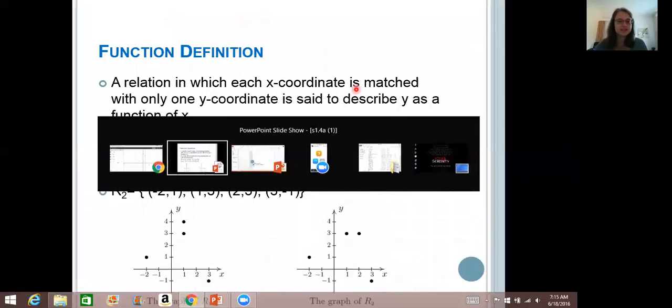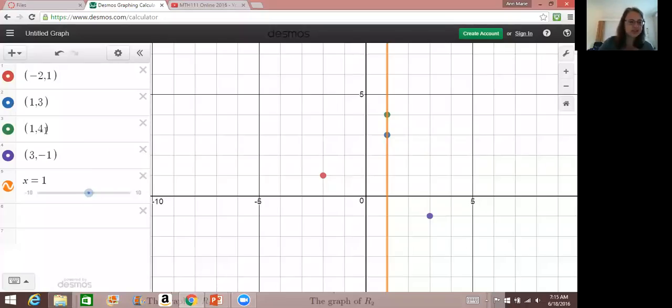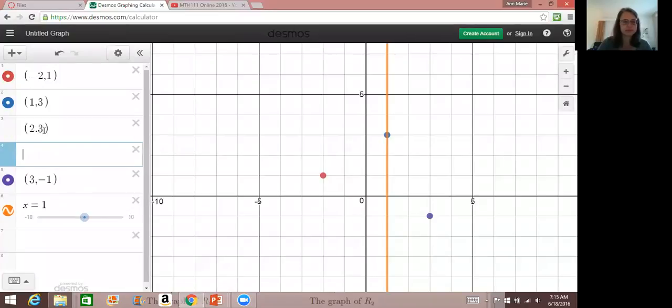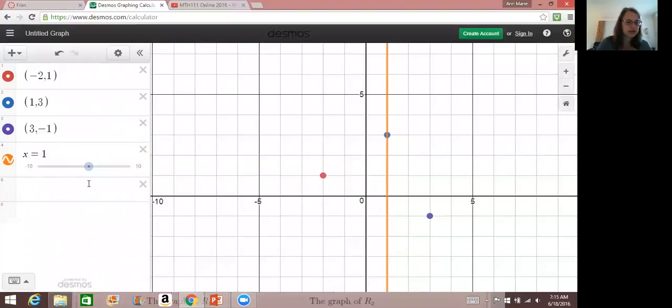Now let's look at the difference when I look at relation 2. Relation 2 changes this point to a 2, 3. Desmos is occasionally my friend.